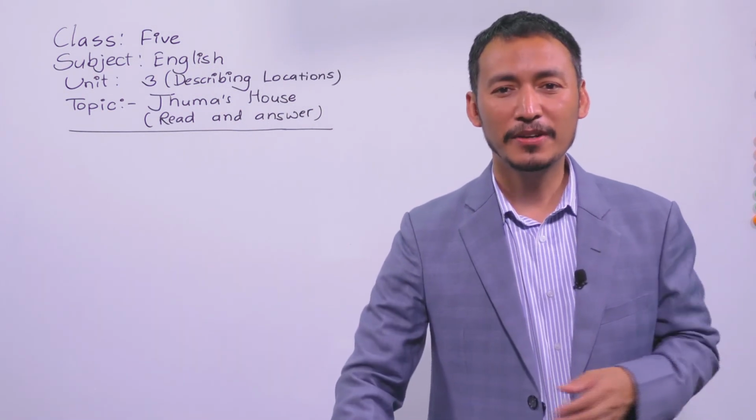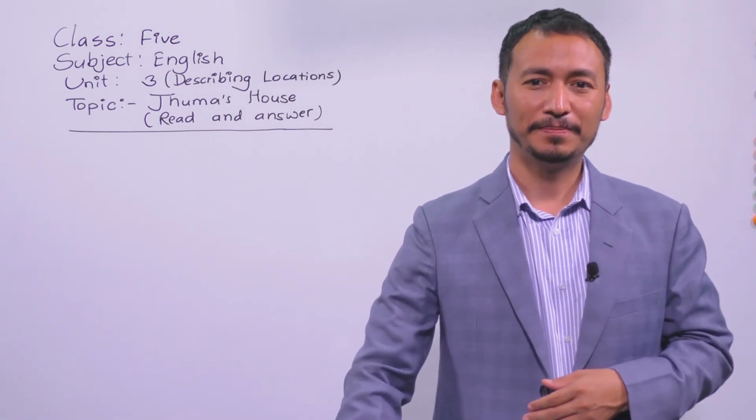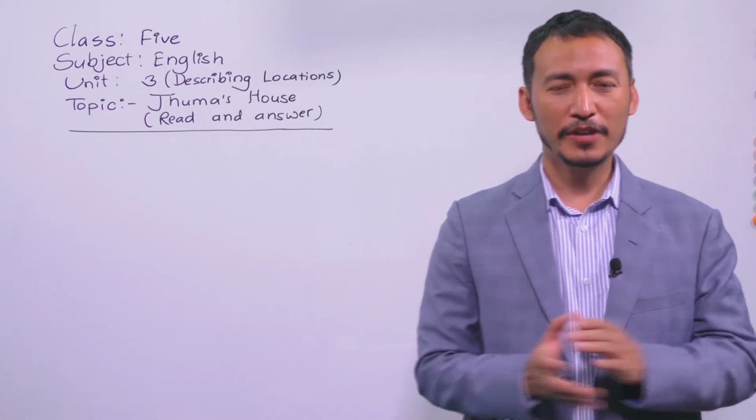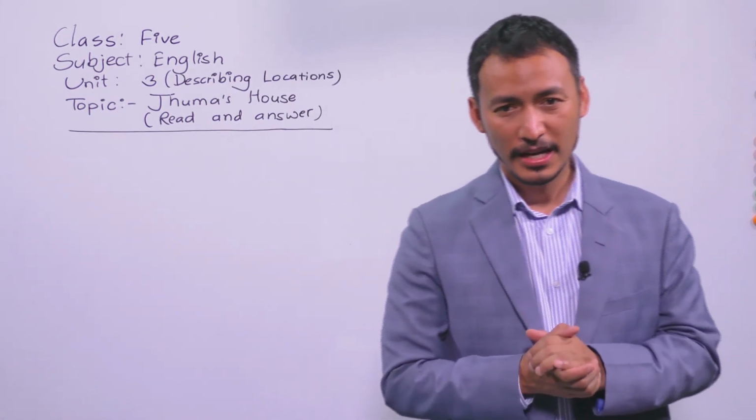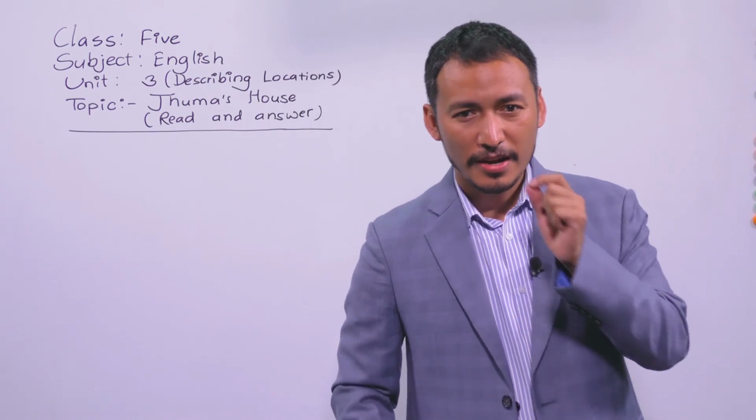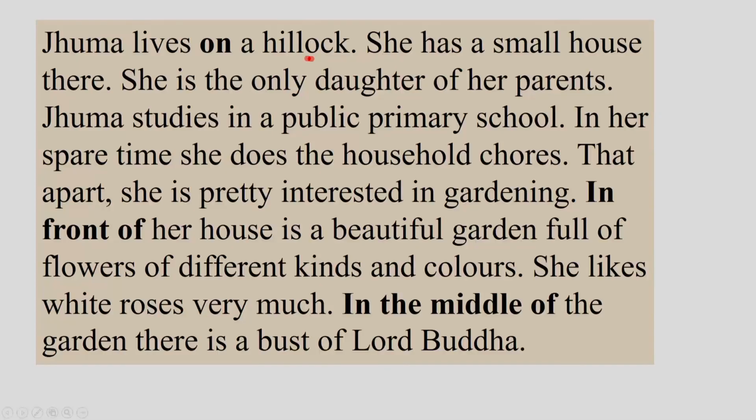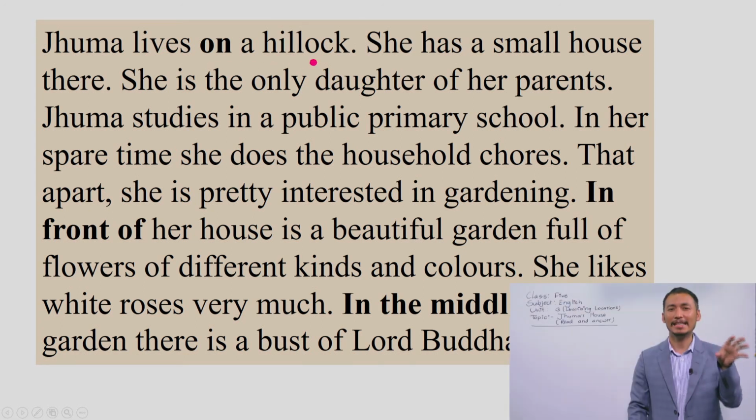Now let's try to understand the text. I'm going to explain it here. Now let's try to understand what is there in the story. Here you see Zuma lives on a hillock, means she is living on a hill, not in the city or plain. All right? Do you understand now?